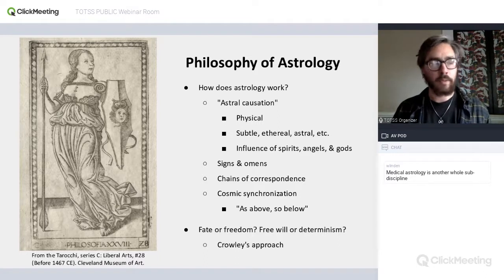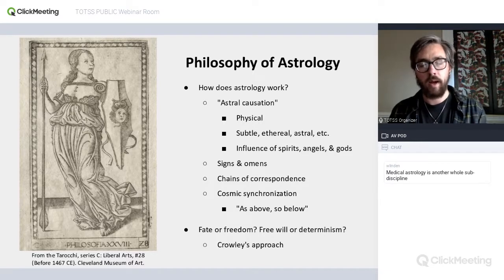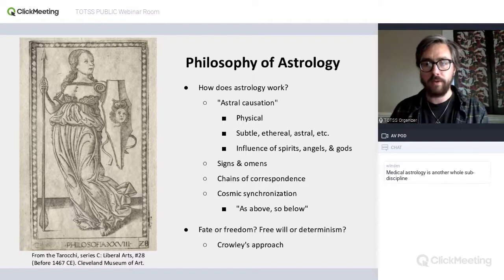So again, this is something that's worth thinking about: to what extent are these things signifying fate, and to what extent are they merely talking about situations or conditions, and then we can choose how to react to those things, or can in different ways influence the way that particular astrological signatures will take place.